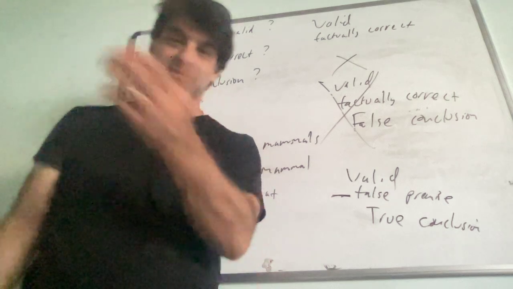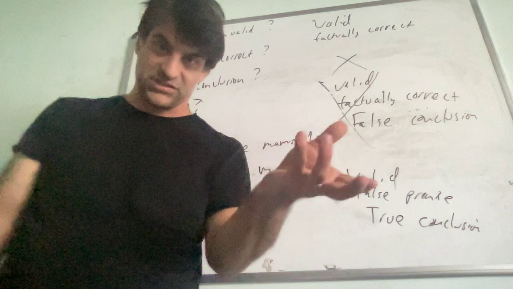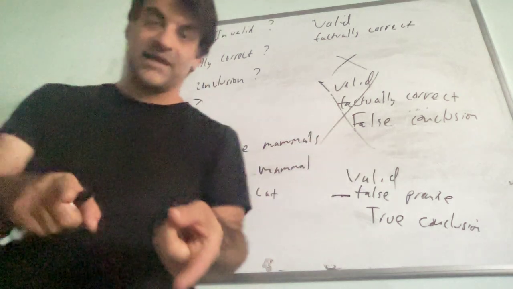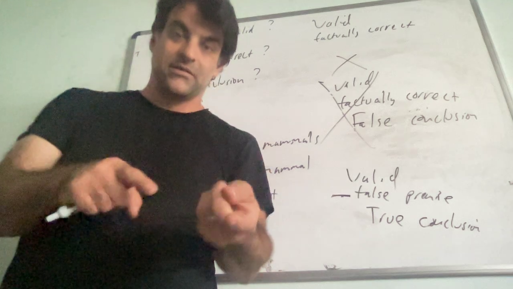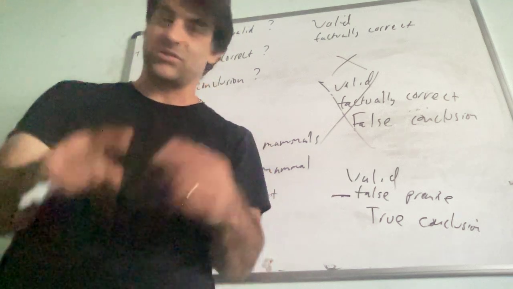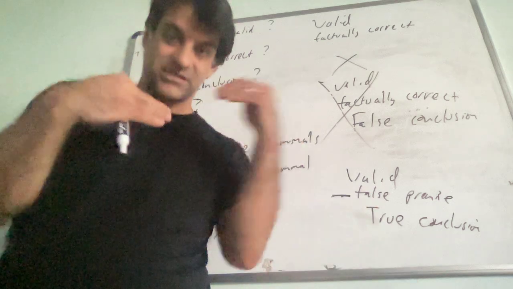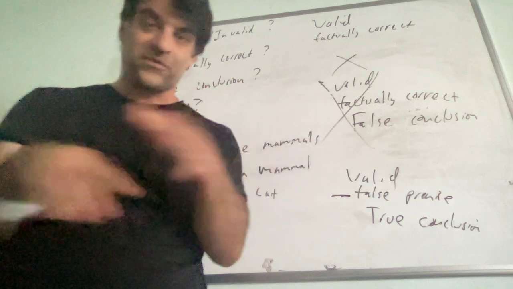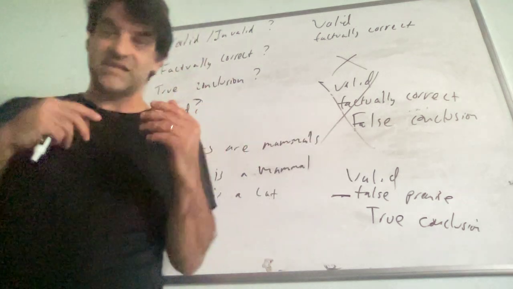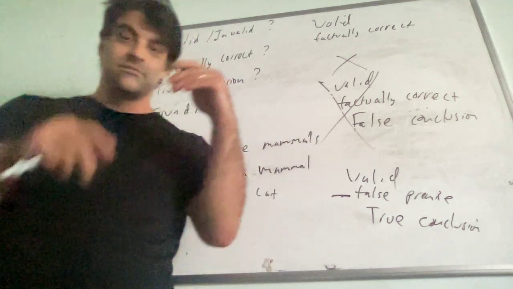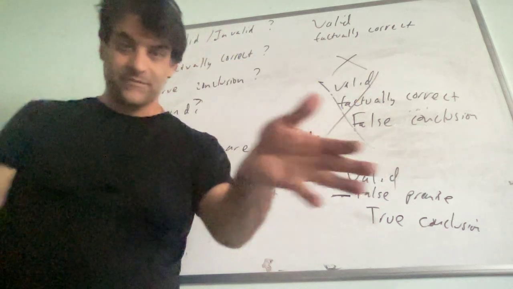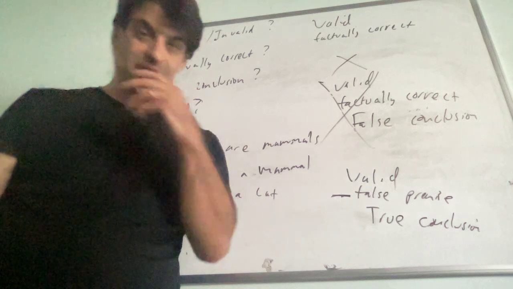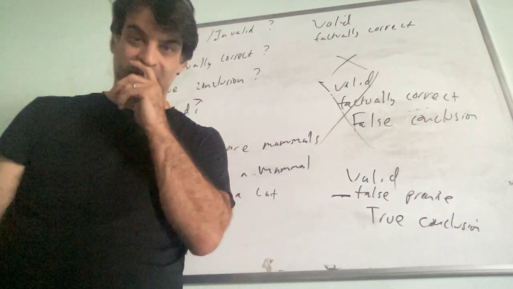This shape is a square, so it's a shape. All squares have four sides. This shape has four sides, so it's a square is invalid. You can see that these different arguments follow the same pattern: all A is B, C is A, so C is B. That's valid.